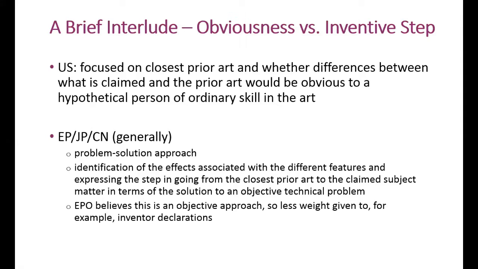In Europe and many other jurisdictions, generally they take the problem-solution approach. They identify effects associated with the different features, and they express the step of going from the closest prior art to the claim subject matter in terms of a technical solution to an objective technical problem. And so the EPO believes this is a more objective approach, and consequently, often they will give less weight to inventor declarations, even when they're allowed to be submitted.